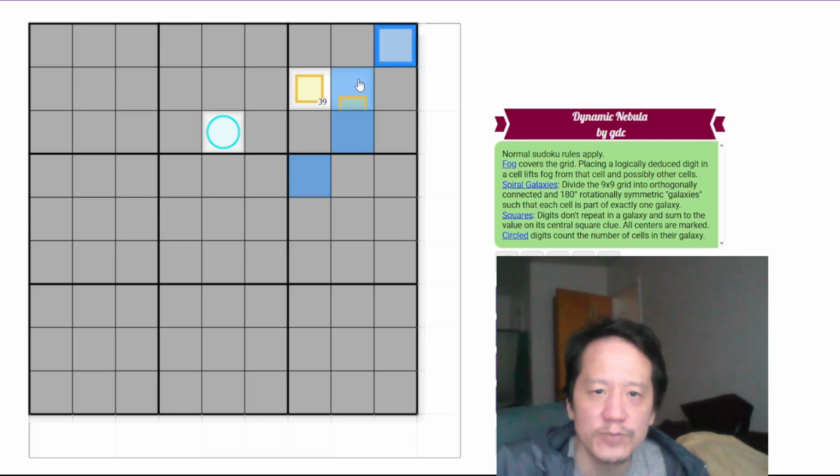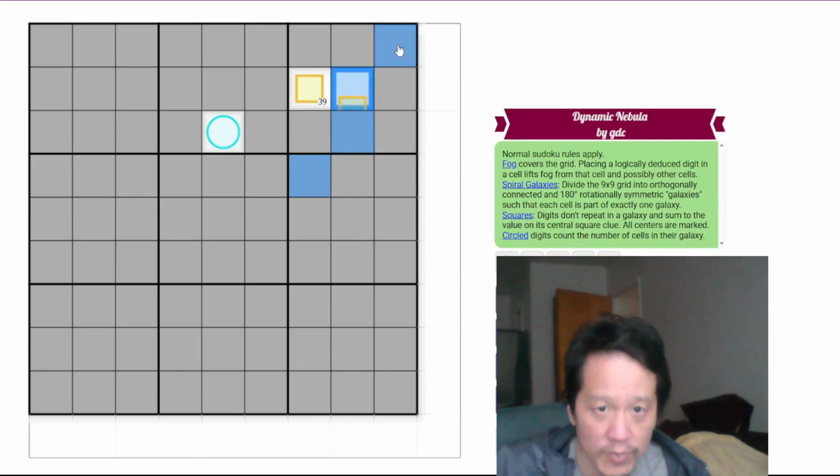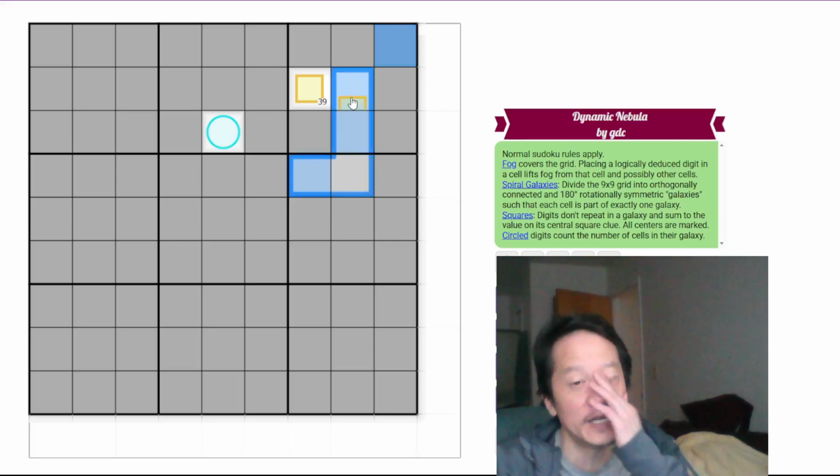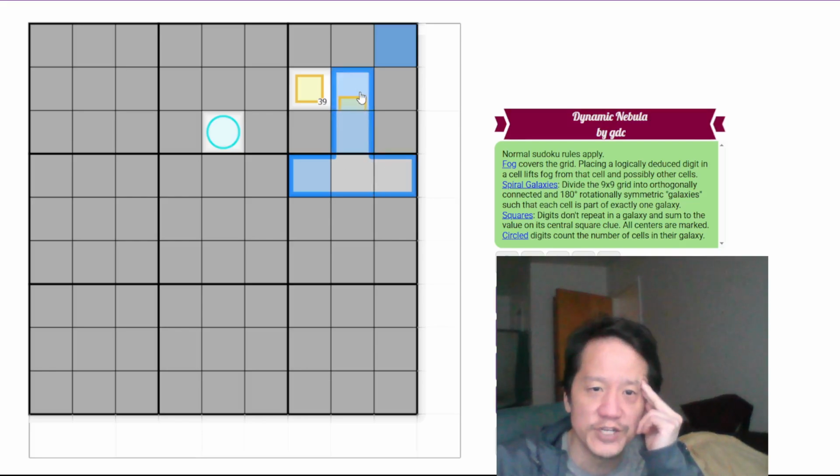The galaxies have to be 180-degree rotationally symmetric, which means if you rotate the shape 180 degrees, it will look exactly the same. So this is an example of a rotationally symmetric galaxy, but it's not orthogonally connected, because if you try to go from here to here, it cannot work.